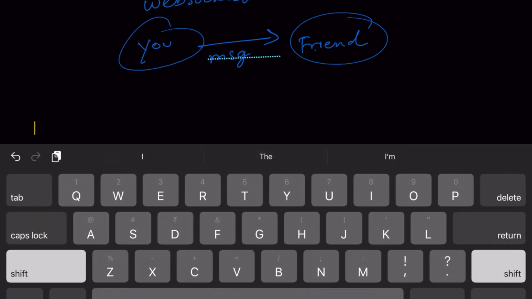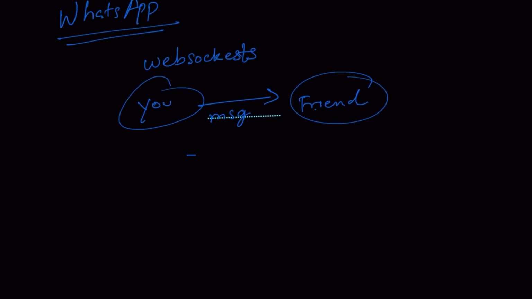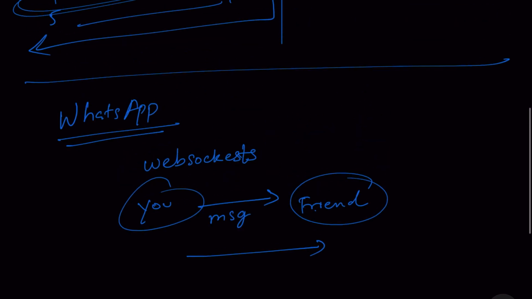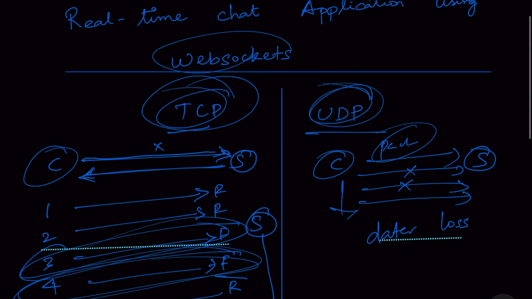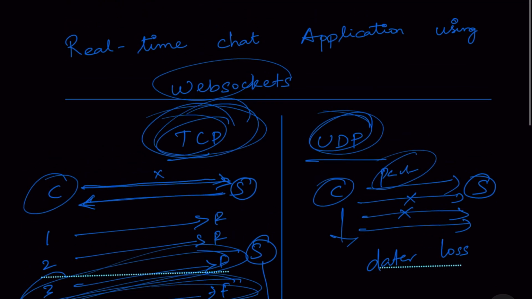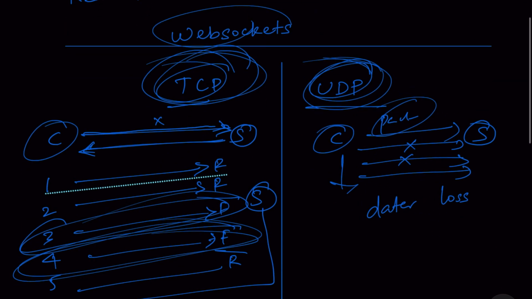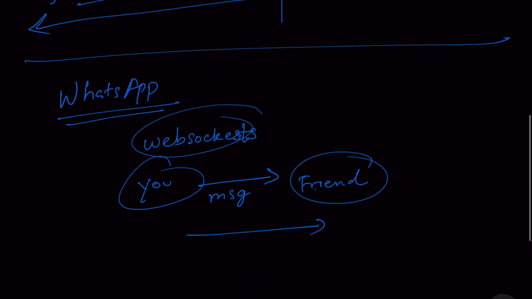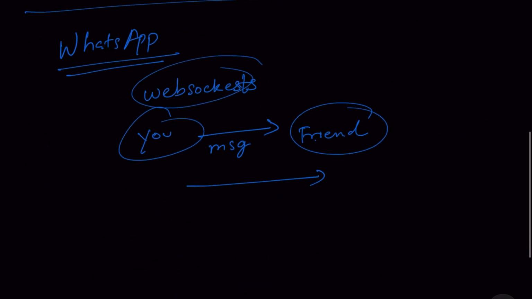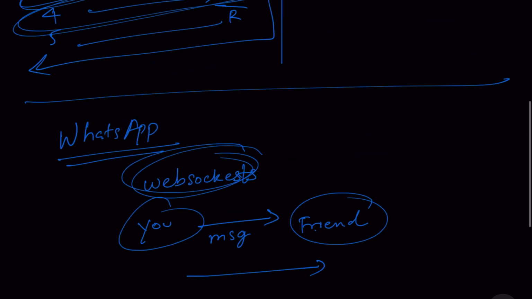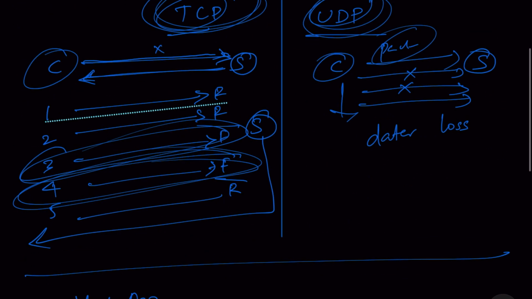It shouldn't get lost while it is going from here to here. So that is the reason why WebSocket uses TCP, because it's a guaranteed protocol, unlike UDP. In UDP it's not guaranteed that the message will be delivered. So now we know the reason why WebSocket uses the TCP protocol: because it's reliable.